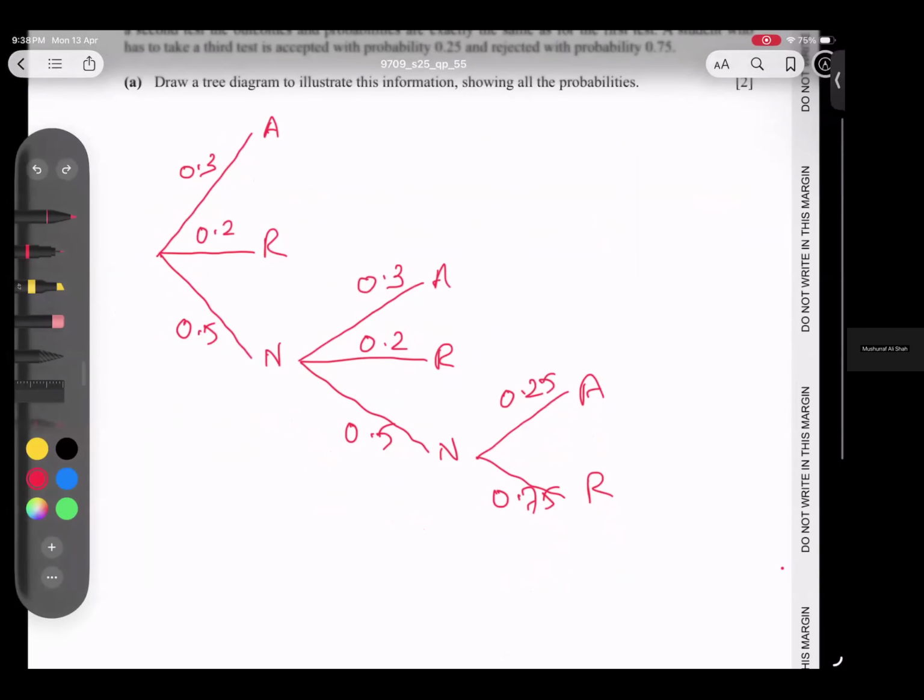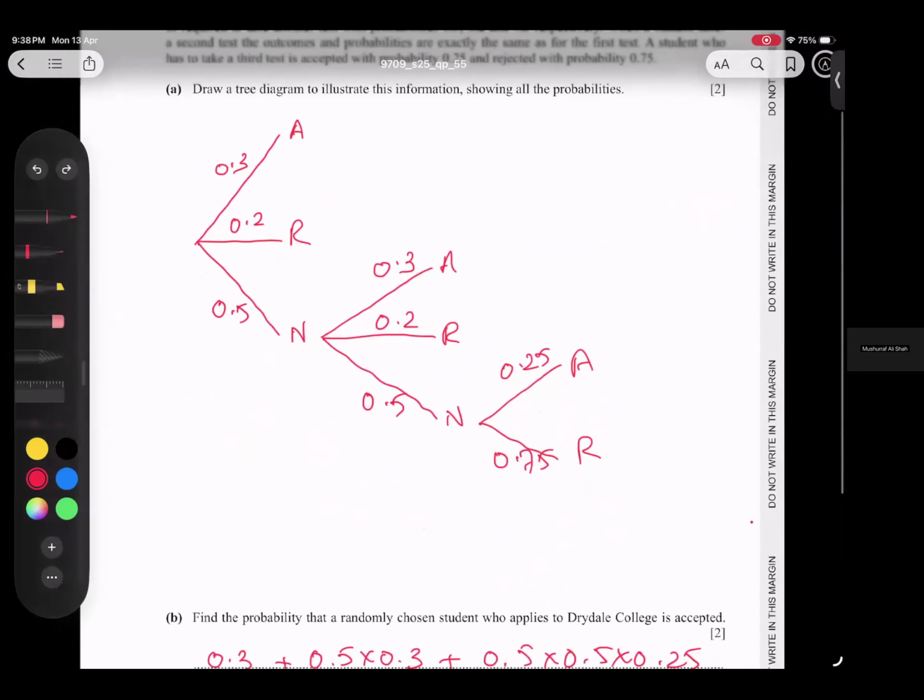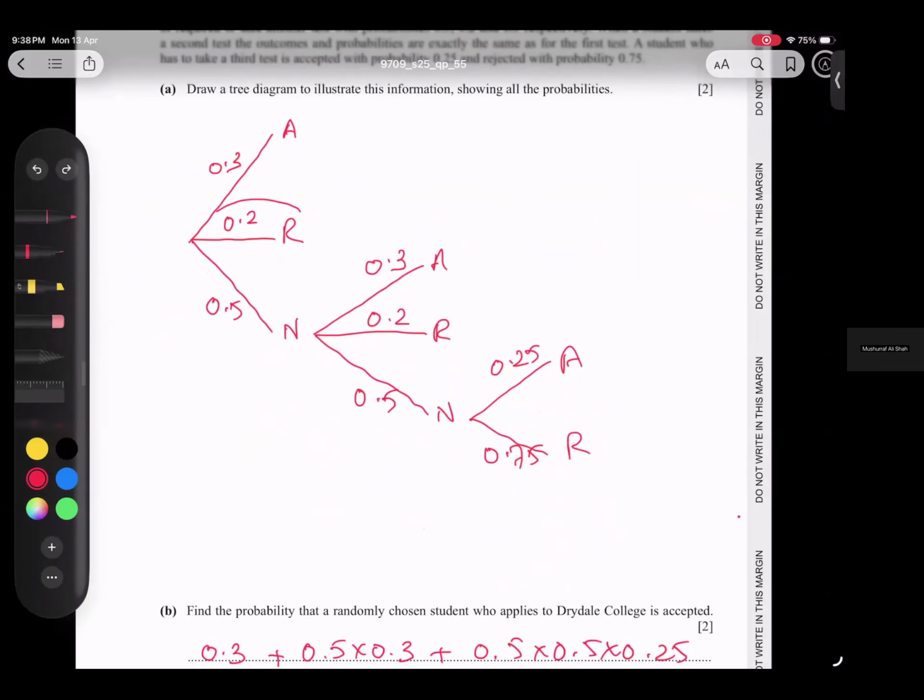Rejected means, first of all, you can see 0.2 is rejected, so I'm writing here 0.2. And this is rejected, 0.5 into 0.2. And after this, 0.5, 0.5, and this last branch, 0.5 into 0.5 into 0.75.